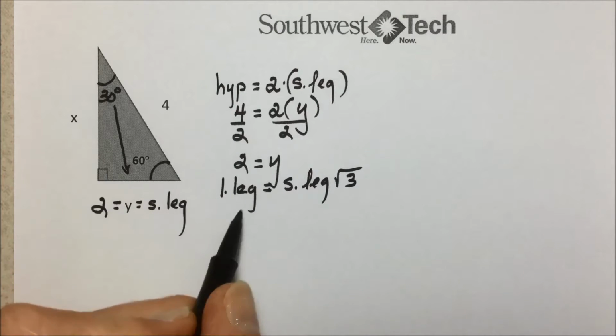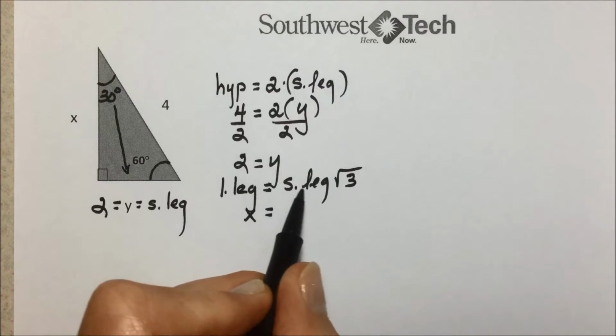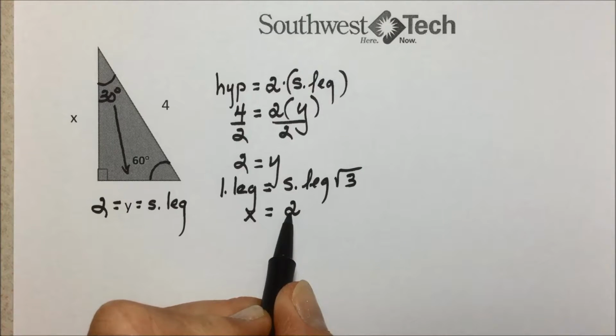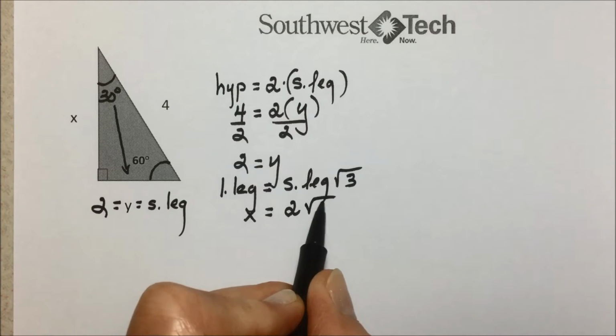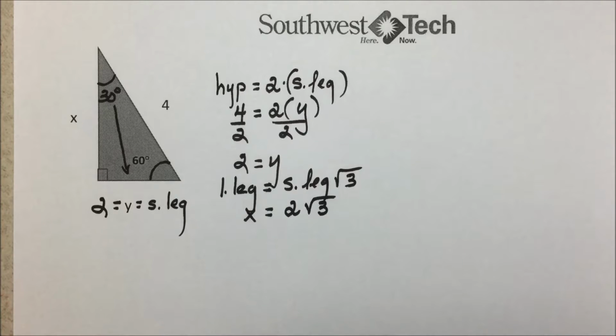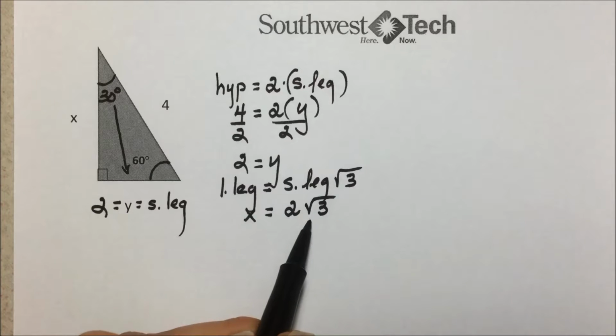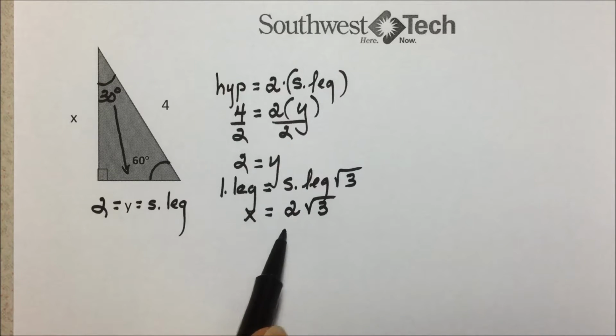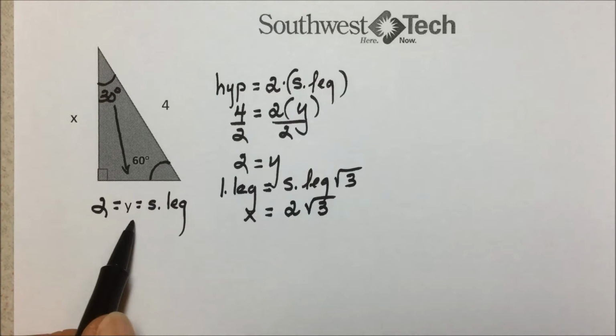Well, the longer leg is x. The shorter leg we just solved and found it had a value of 2, and we'll times that by the square root of 3. There's nothing to solve. We have the longer leg length then. The value of x is 2 times the square root of 3, and y, the length of our shorter leg, had a value of 2.